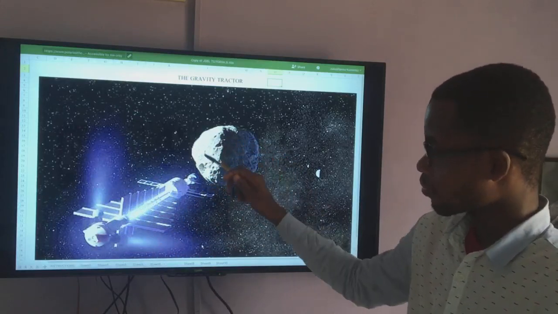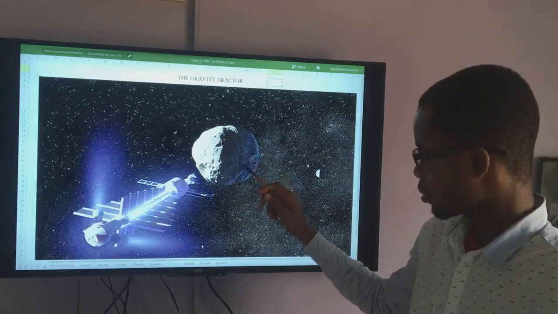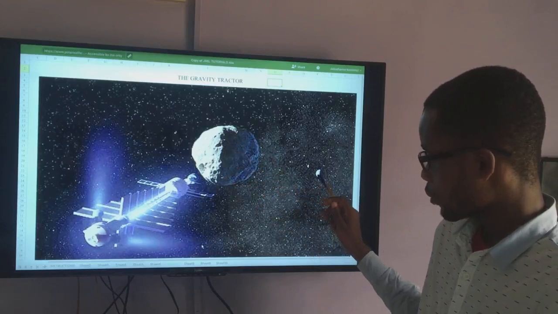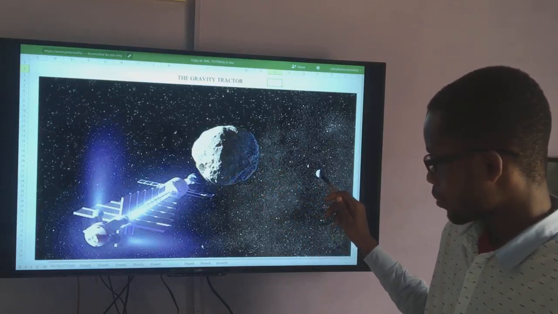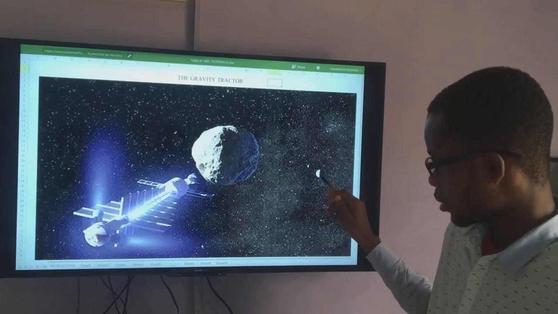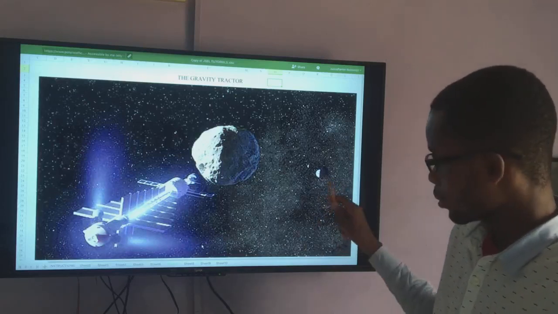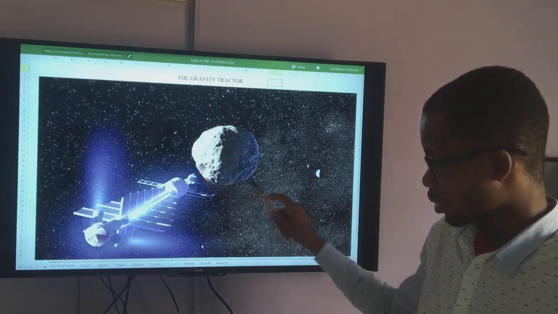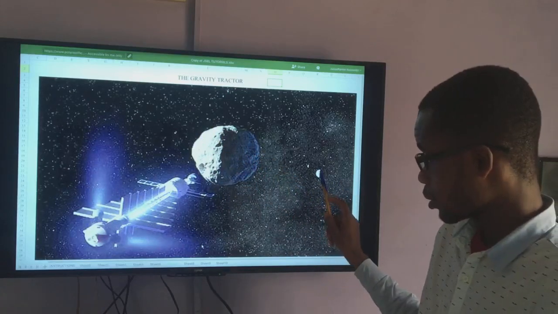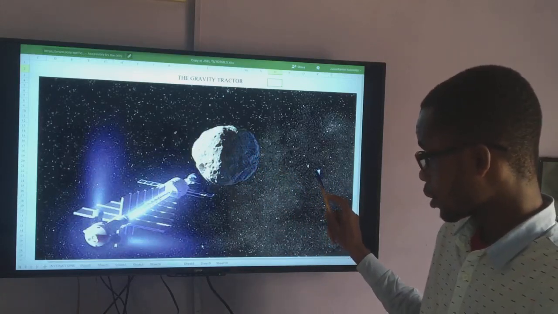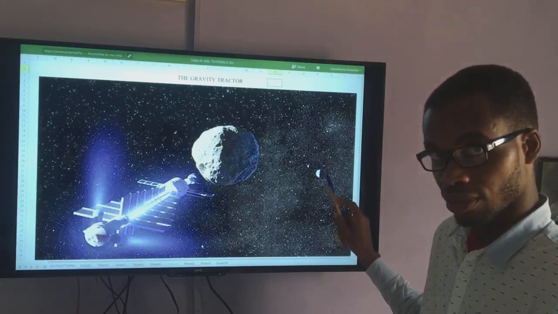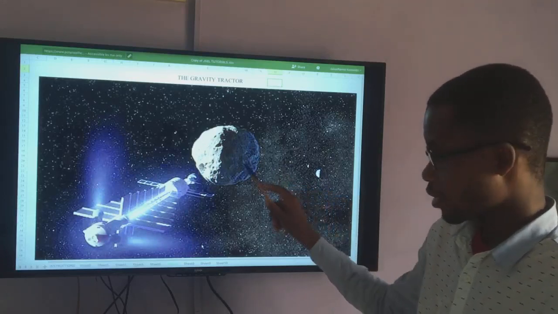You see the surface and how huge it is. If you take a critical look, there is the earth around this place. This huge thing could actually destroy a whole city on the surface of the earth because of its size and the speed that it moves with.